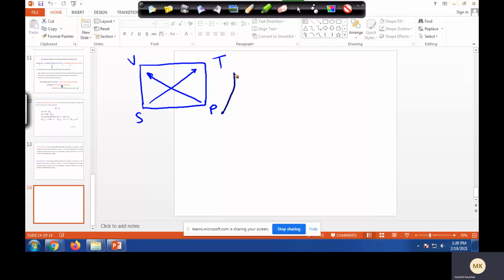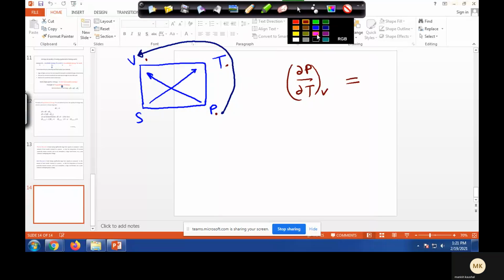So P to T till V. Write it. Dou P by dou T at constant V. Then, as I said, take a pause, equal to, you have reached V. Go to the next variable S and then come back.